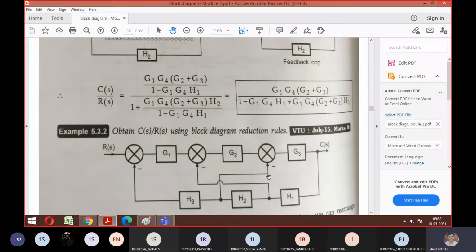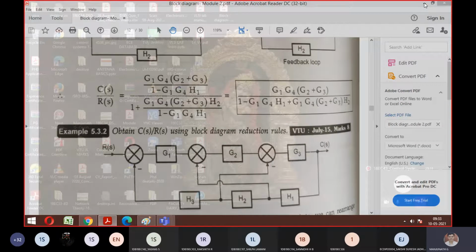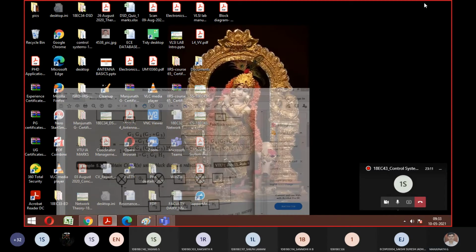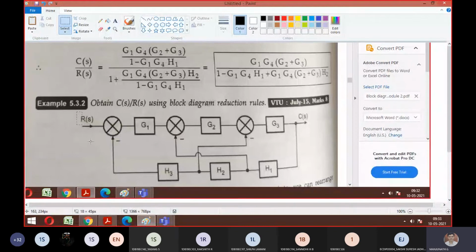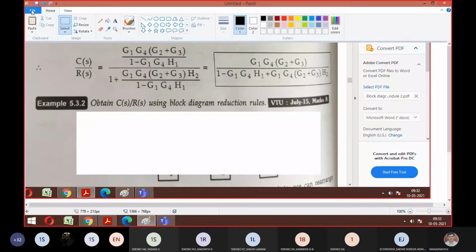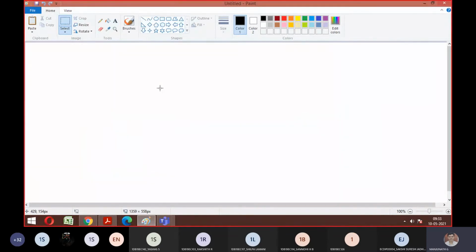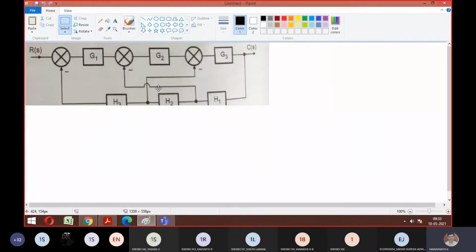Okay, so now how does the diagram look? We'll do one thing. I will copy this in Paint and let me show. So let me cut the question. Is the question visible to everyone?